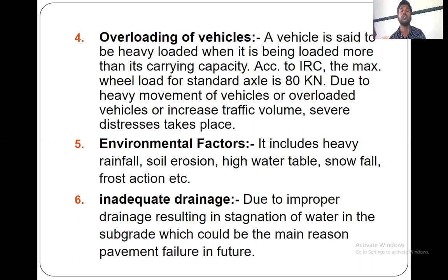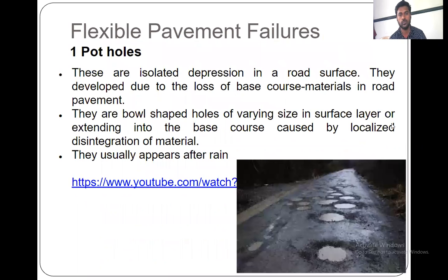That is, the 80 kilonewton standard wheel load is allowed by the IRC. That also we need to check. The environmental factors, inadequate drainage, that we have discussed now. So we will see now one by one.